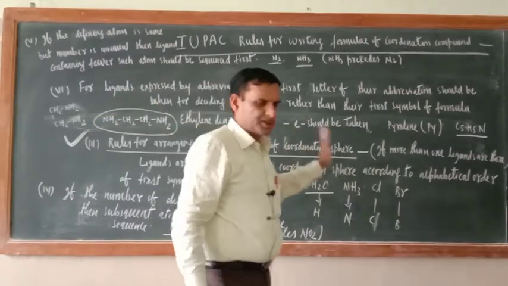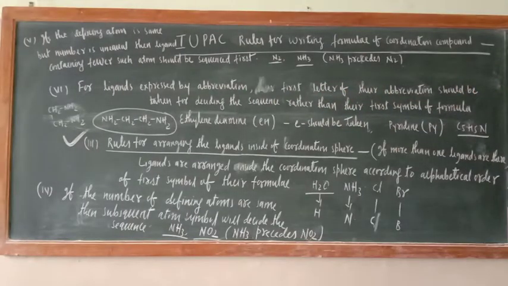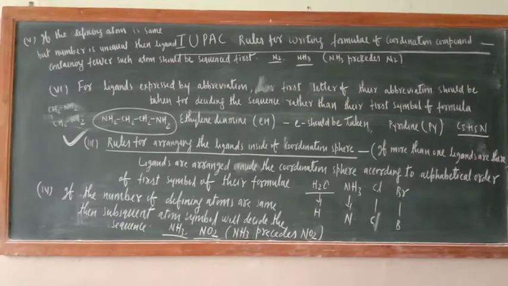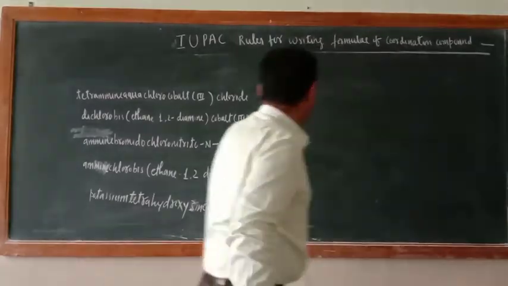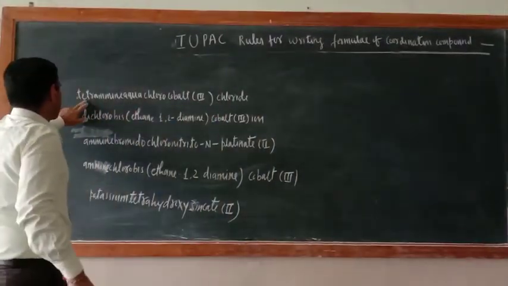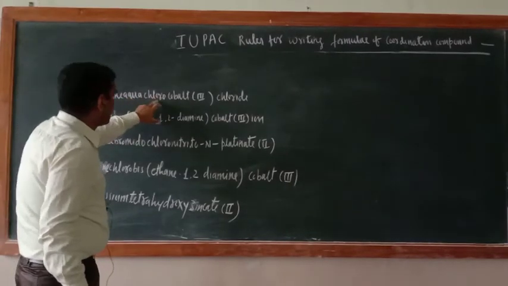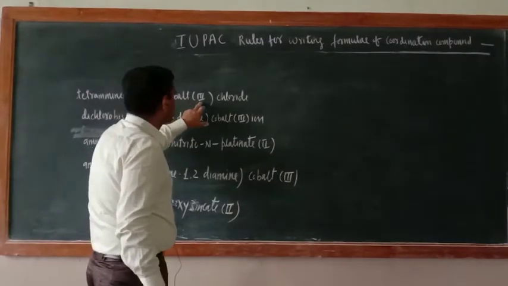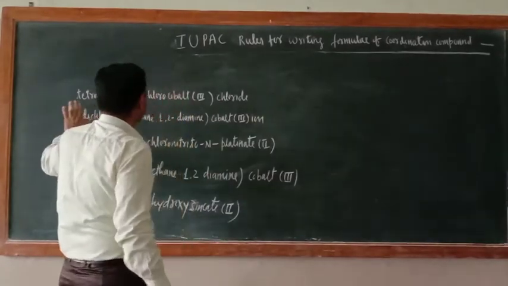Okay, so in this way all rules are over. Now see the practice part. Dear cadet, these are the IUPAC names of coordination compounds: tetraammine aqua chloro cobalt(III) chloride. Just try to understand.